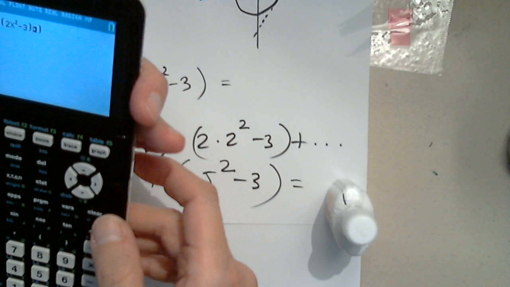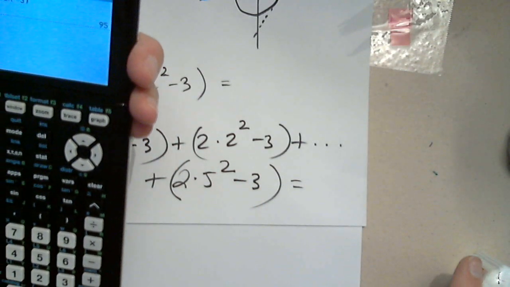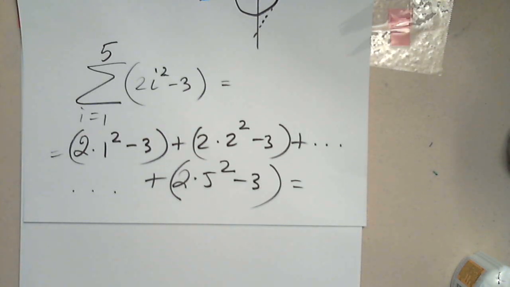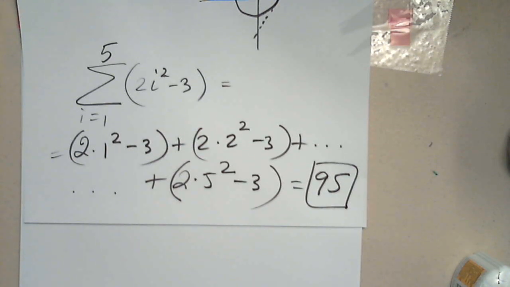So 2x squared minus 3, and when I hit enter, I should get the answer, 95. Very good.